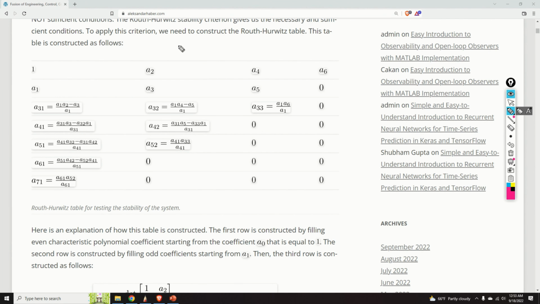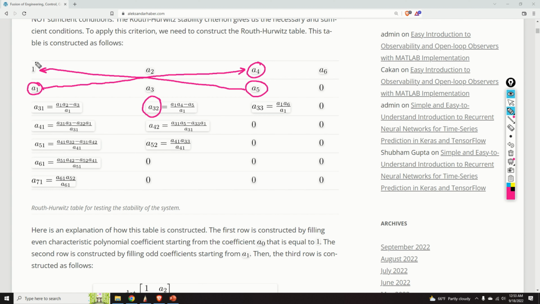We apply the same idea in order to compute the coefficient A32. Again, we take A1, we multiply A1 by A4, then we place a minus sign, and we take A5 and multiply A5 by A0, and we divide the result by A1.